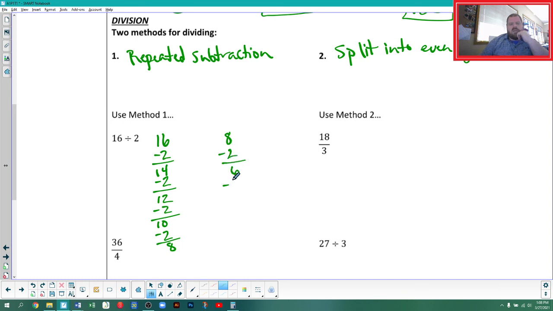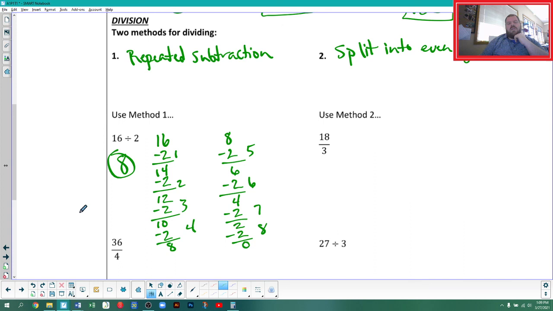Subtracting 2 is going to give me 6, minus 2 is going to give me 4, minus 2 gives me 2, and minus 2 gives me 0. And how many times did I do that? 1, 2, 3, 4, 5, 6, 7, and 8. So 16 divided by 2 is 8. That's a way to think about it.